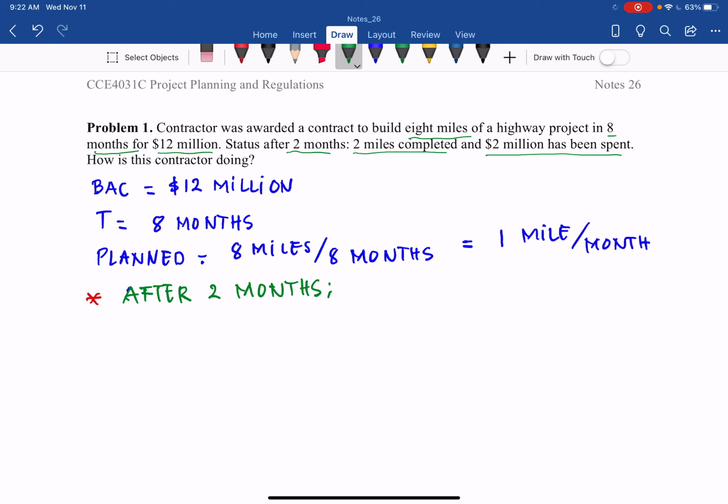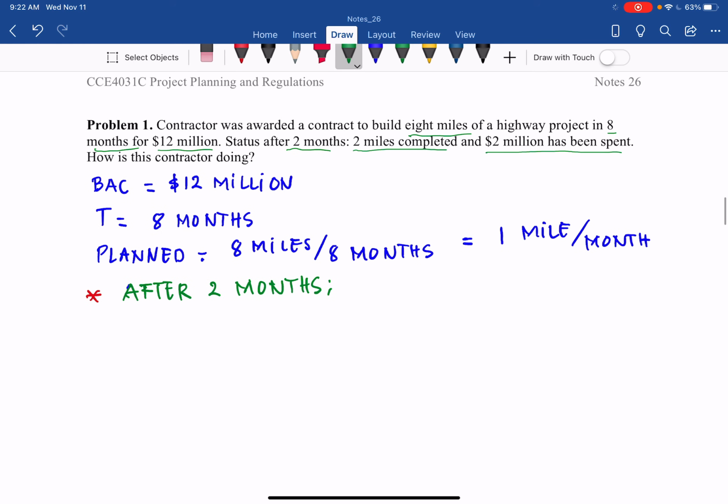Go back to problem 3 in the previous lesson, where we learned how to determine earned value, planned value, and actual cost. If you are not sure, go back to that to review. Now let's use that information to do these problems. After 2 months, we have 2 miles complete.